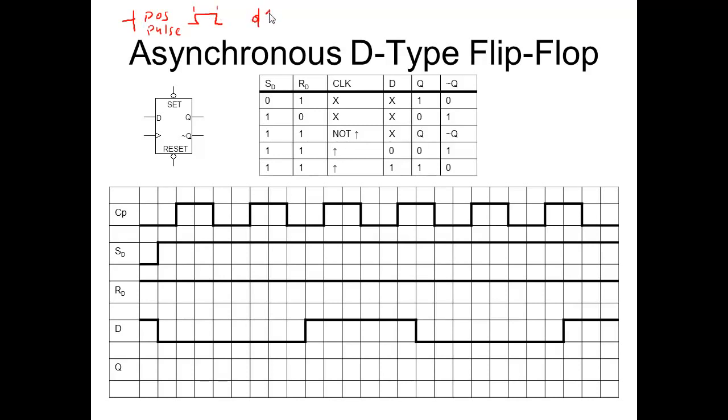Then there's what's called a negative pulse, which would be the whole negative piece of the clock or enable line. Those are the two without being edge triggered. Then they've added these edge triggered kinds. And if you don't have a bubble, which in this case we don't, this is called a positive edge trigger.